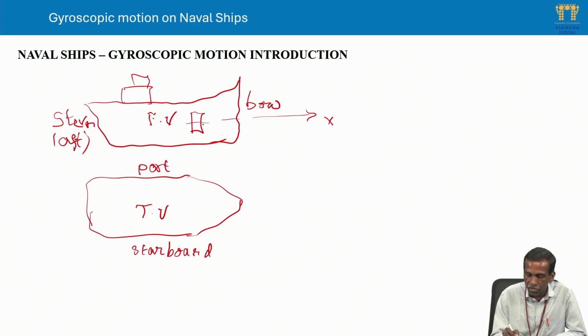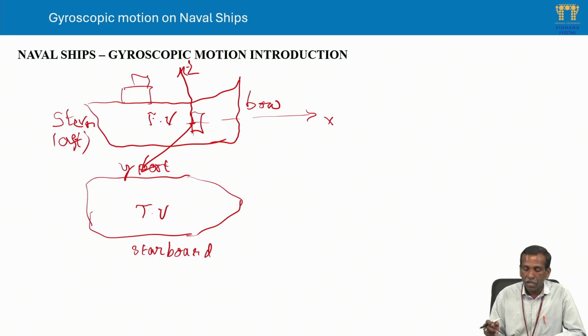Then the perpendicular axes, let me represent them as y-axis and z-axis. If the ship takes a left or right turn from the top, that is starboard side or port side, then there will be an effect of this gyroscopic action, which causes the ship to rotate about the y-axis.